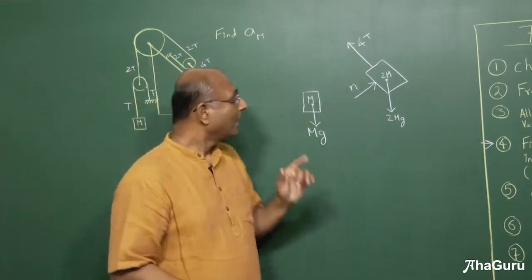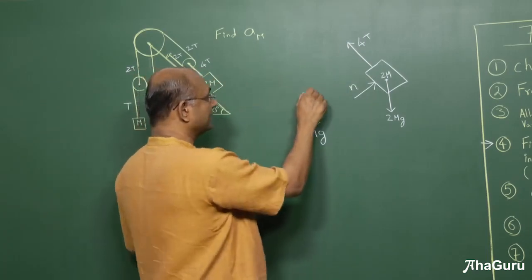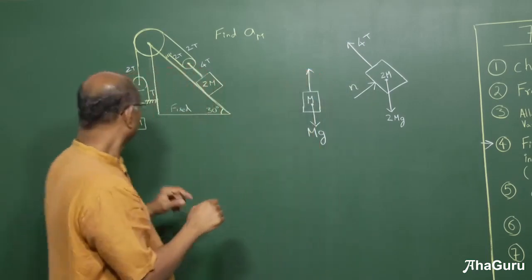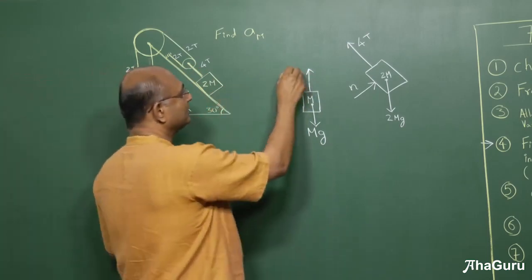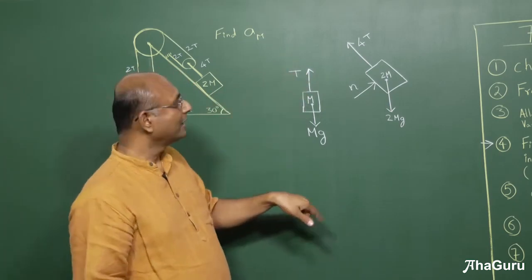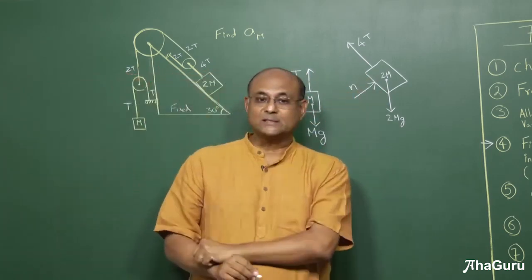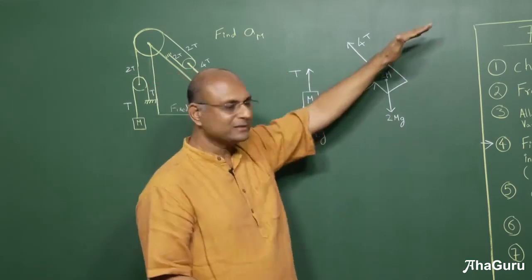Clear? How many equations will I get now? I'll get one equation. Well, I have not marked on this, sorry. I have not yet marked this force. I started with T, but I didn't mark it here. So this is T. I'll get one equation for this block. I will get two equations for that block. Why two equations? One along this and one along that.